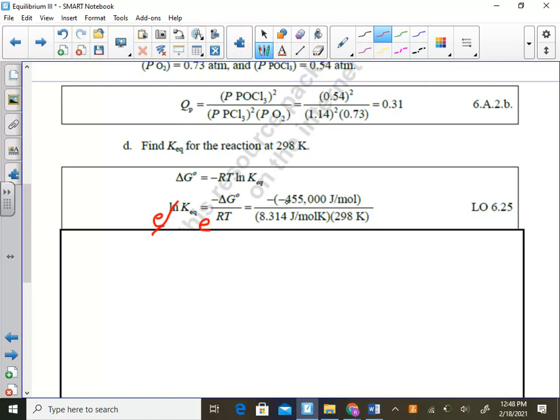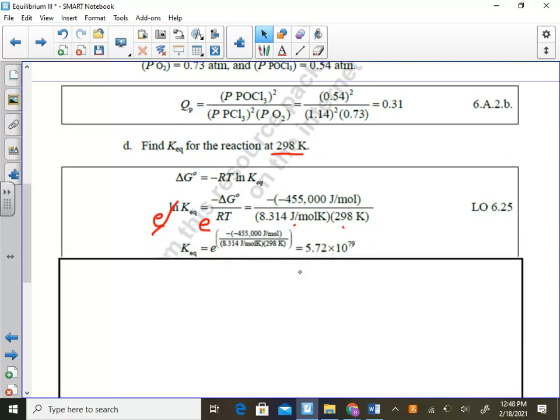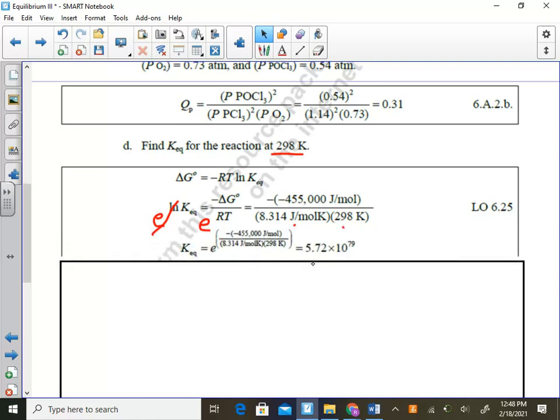Delta G, which we calculated in step 1, is negative 455 kilojoules per mole. We have to get it into joules because the R value is in joules. The temperature is 298, and how do we know that? It's given. We have a negative and a negative, so we need a positive number right here. We are going to get a K of 5.72 times 10 to the 79.